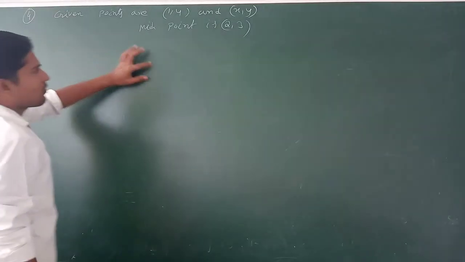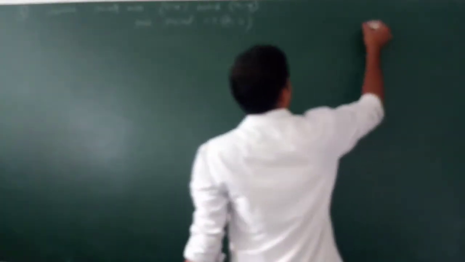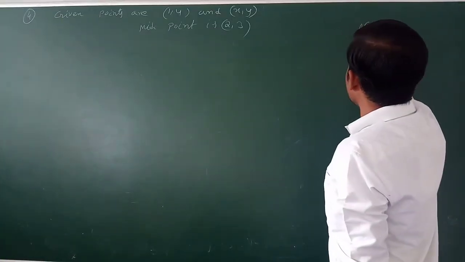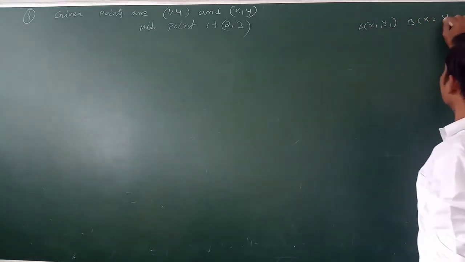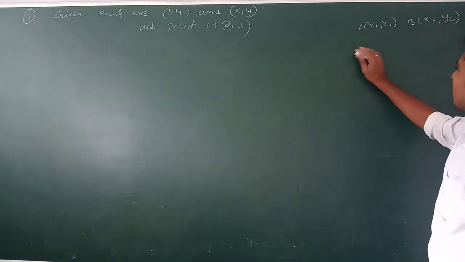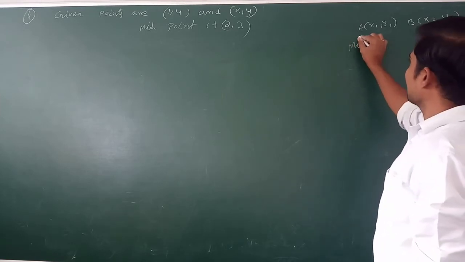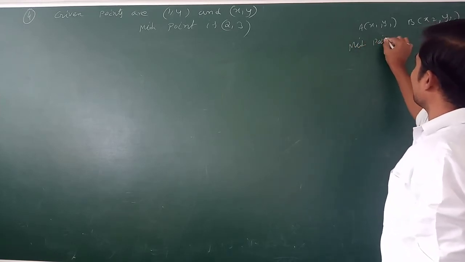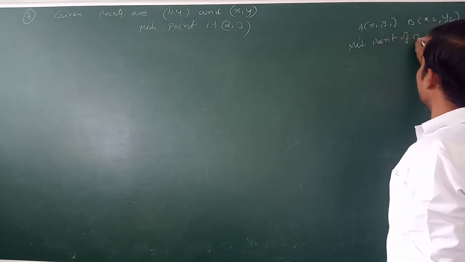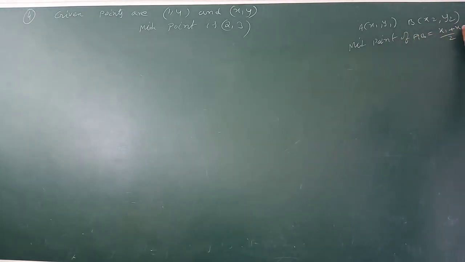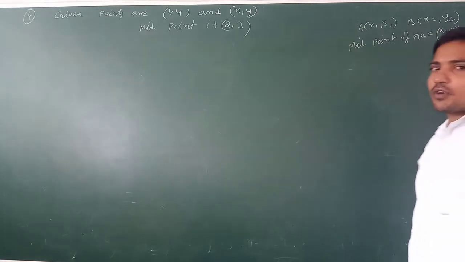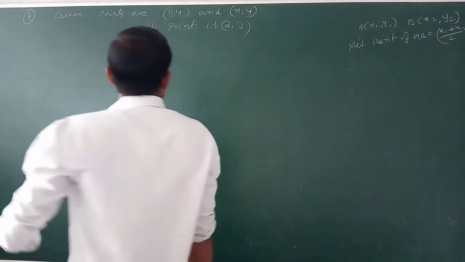So, the midpoint formula: if A is (x1, y1) and B is (x2, y2), then the midpoint of AB equals ((x1 plus x2) by 2, (y1 plus y2) by 2).